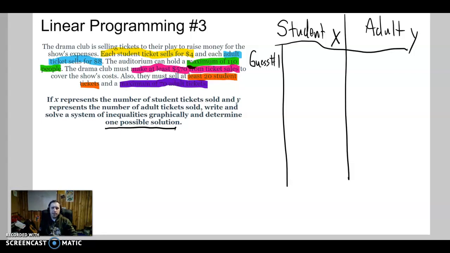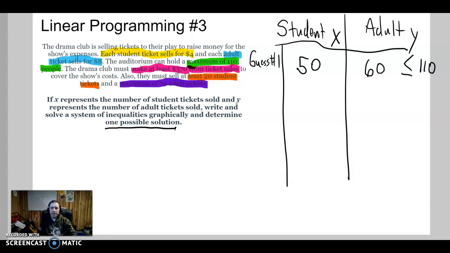Whatever your guess is, I'm going to just guess 50 students. Why? Because it seems like a good, easy guess to me. So if I have 50 students, how many adult tickets would I need to sell? Well, it says I can only have a maximum of 110 people. So let's get the max. If I have 50 students, I would have 60 adults, because together they have to be less than or equal to 110. 50 and 60 gives me 110.